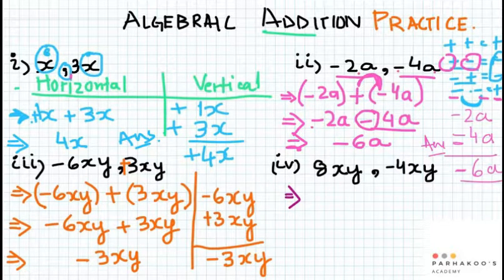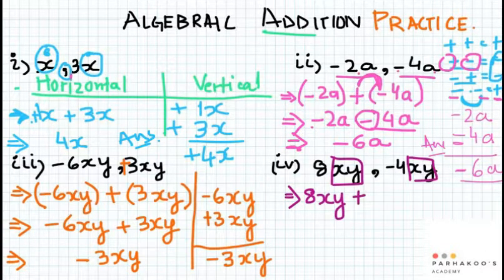Okay, now let's do this one. So remember, same variables can be added and subtracted, or like terms can be added or subtracted, so make sure before you do it that the terms are like terms. Okay, xy like terms, good to go. 8xy plus minus 4xy.